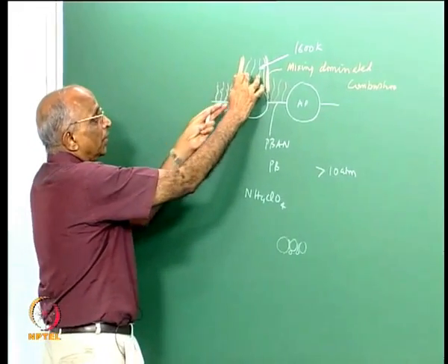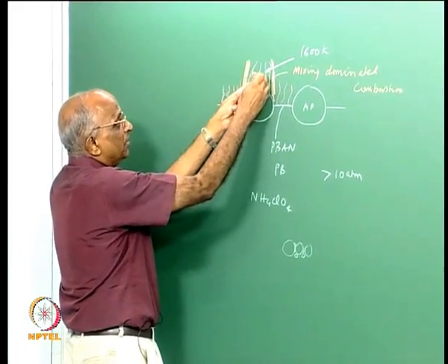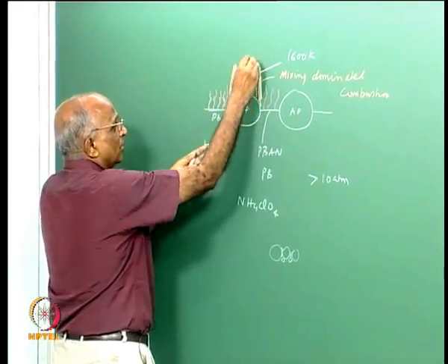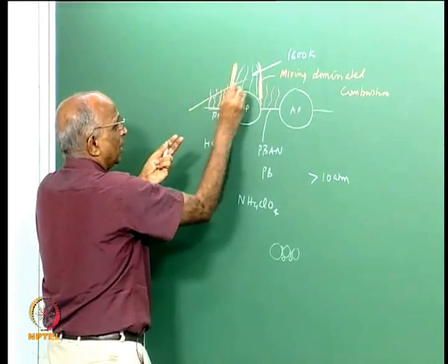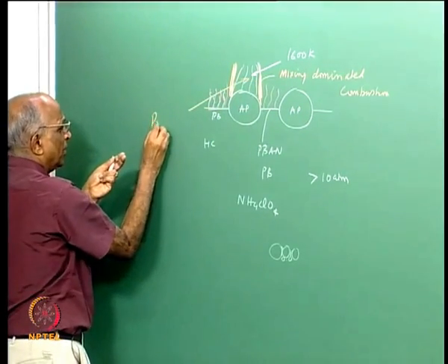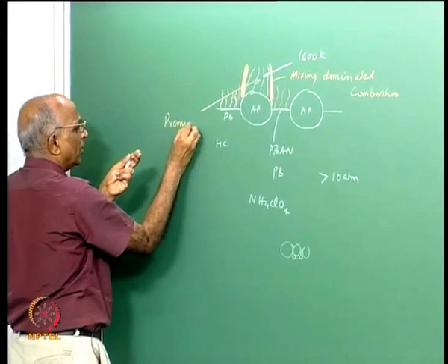Whereas over here it is just premixed, whatever AP is giving out as vapor it comes out like this, therefore over here I have what I will call as premixed, there is no mixing involved.